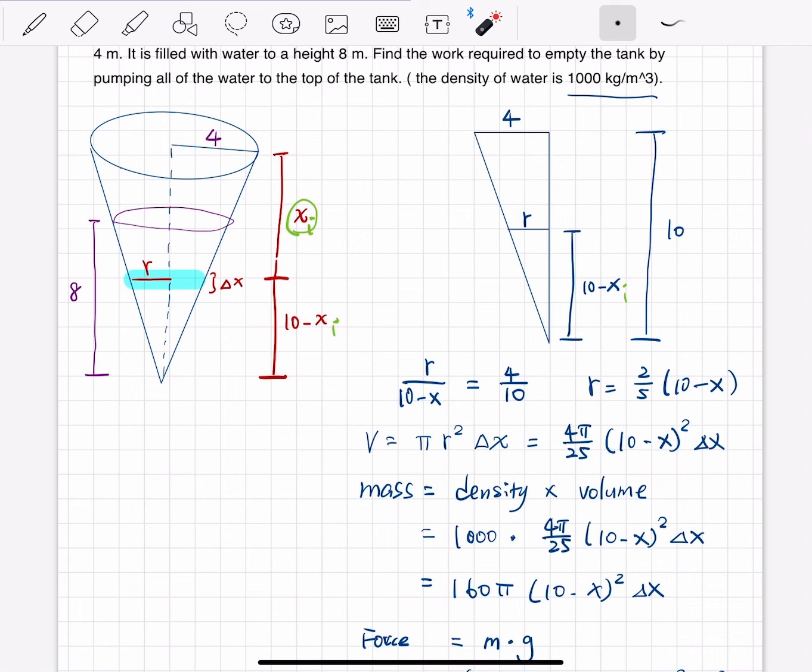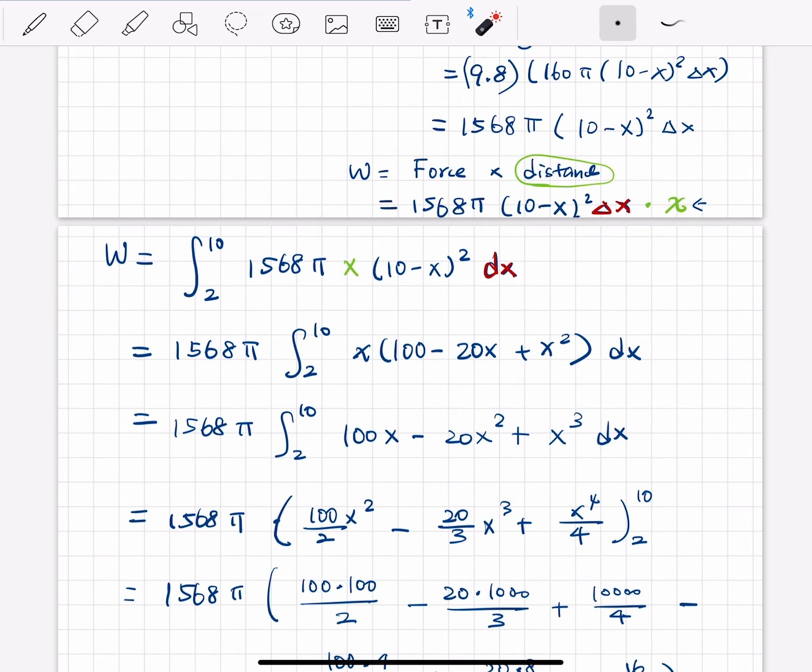And this x, which corresponds to the distance the water is going to travel, is going to range from 2 all the way to 10. So that's why we set it up from 2 to 10.